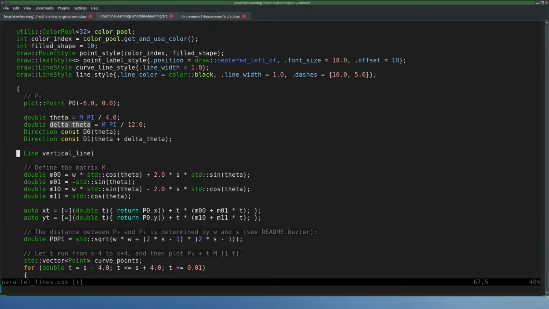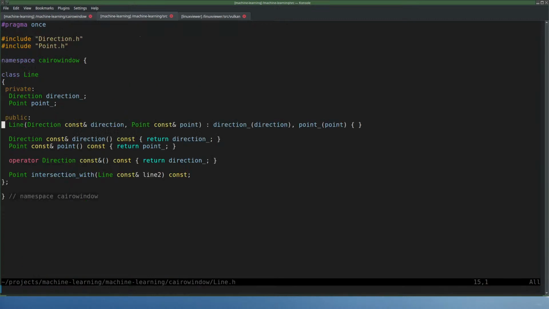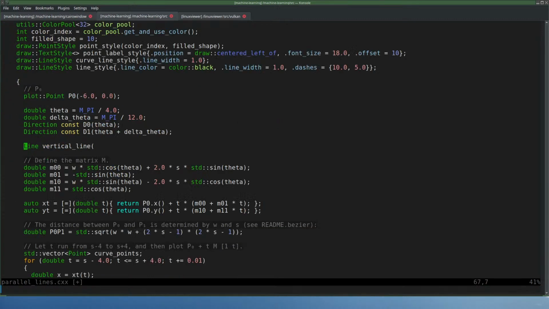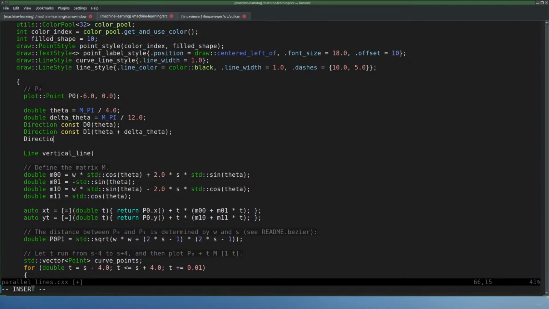How do we make vertical lines? Direction point, yep. So I need a vertical direction. Should make those by default, I think. That would be x0 and y1, so it's just pointing upwards.